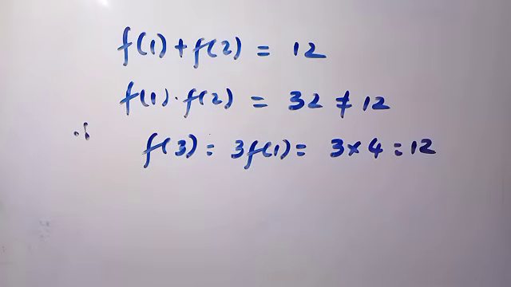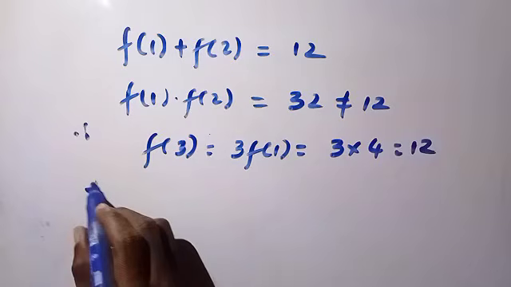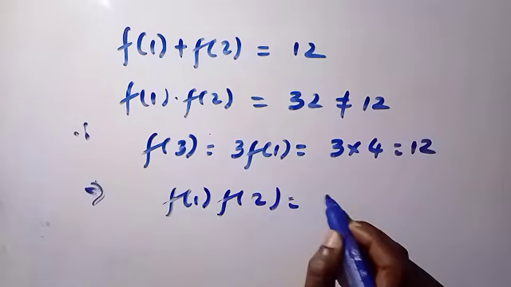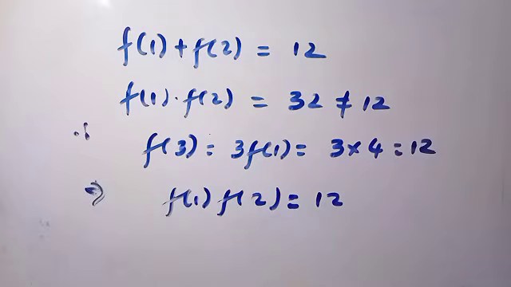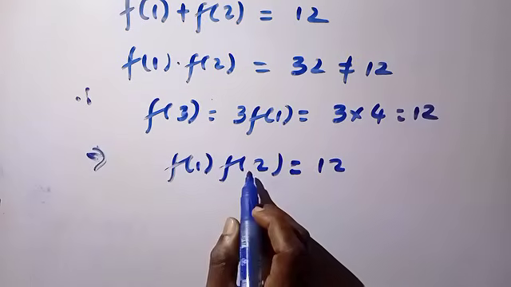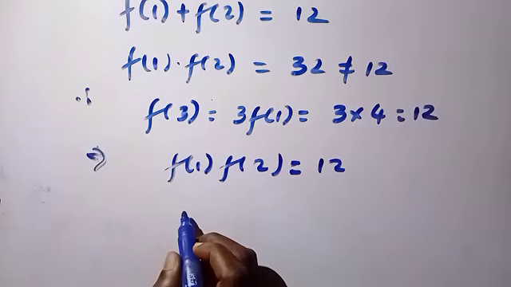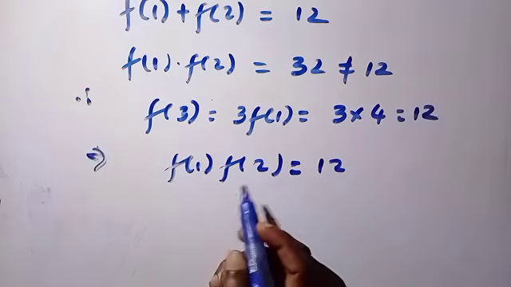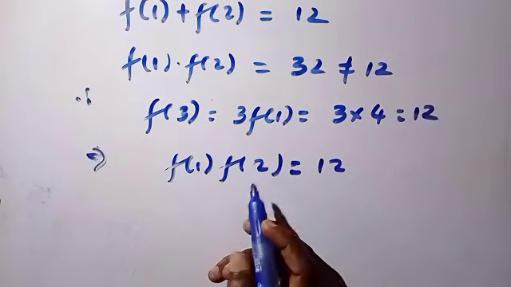And if you want to get f of 3 for the product part, suppose I consider f of 1 times f of 2 equals 12. So this is what we want to show. But note that f of 2 here is given as 2 f of 1, so that equals 12.